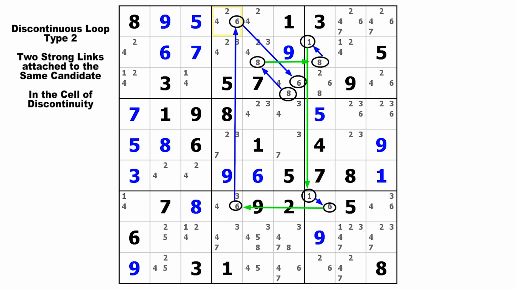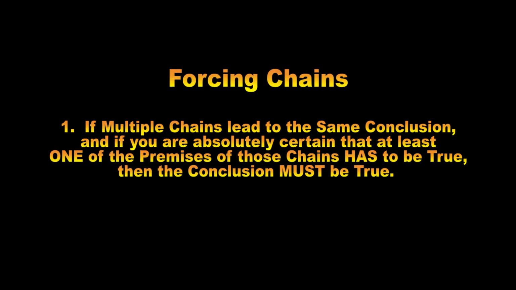We can also prove this by way of what are called forcing chains. Forcing chains work 2 different ways. One, if multiple chains lead to the same conclusion, and if you are absolutely certain that at least one of the premises of those chains has to be true, then the conclusion must be true.